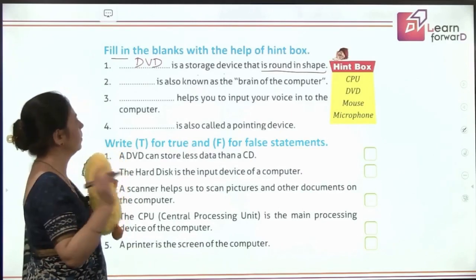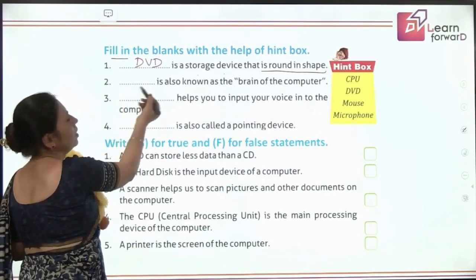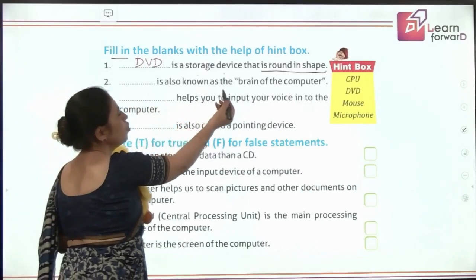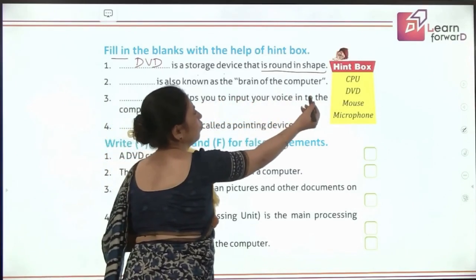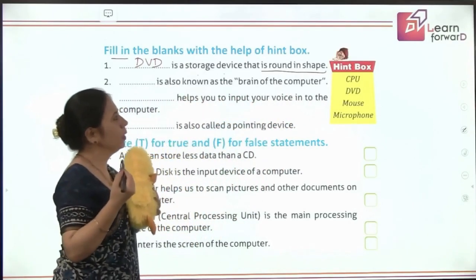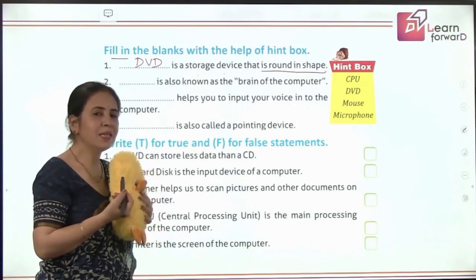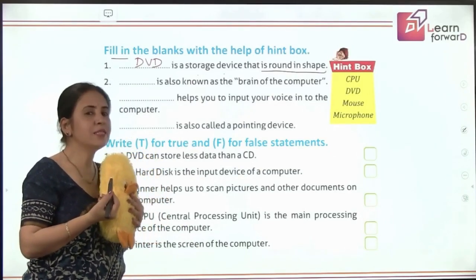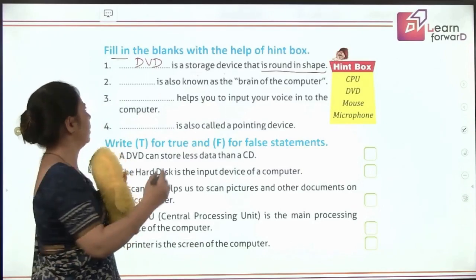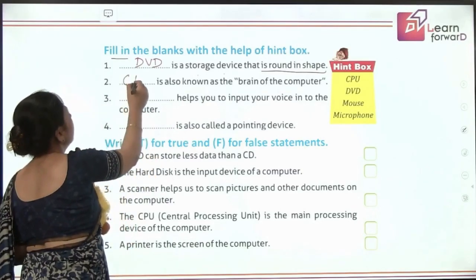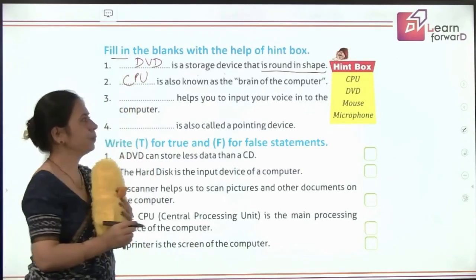CDs and DVDs are round in shape. Remember this. Next is dash is also known as brain of the computer. What is the brain of the computer? CPU, Central Processing Unit. Correct. We write here CPU.